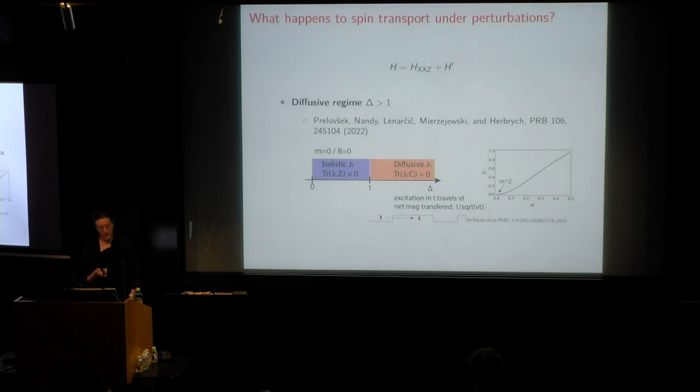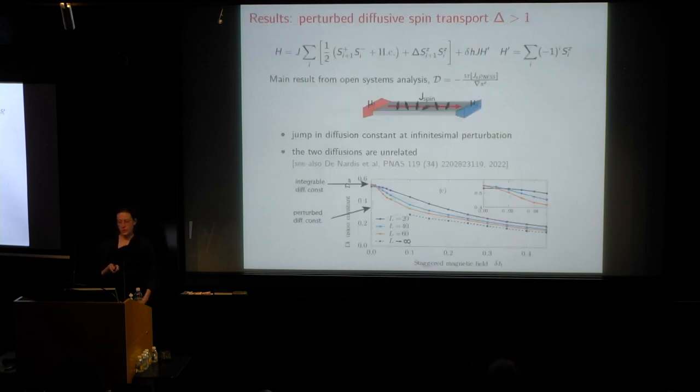What happens when we add perturbation is that the nature of the diffusion is drastically different and really dissipative. We can also see this in the results. When we look, for example, at the diffusion constant calculated from this open setup steady state, we see a crossover from the integrable value to a smaller value.